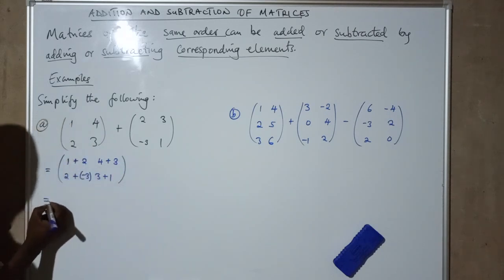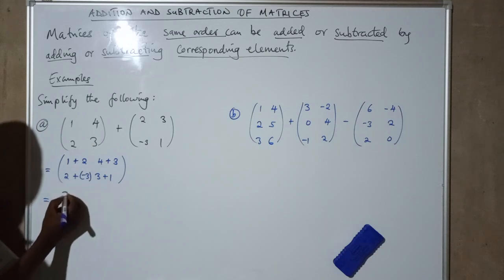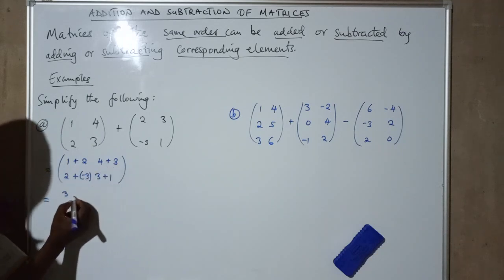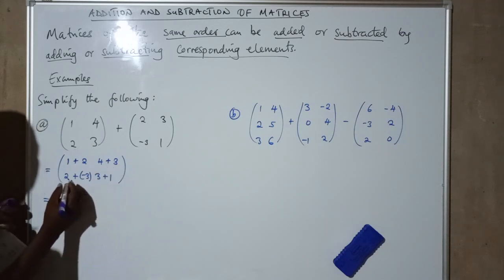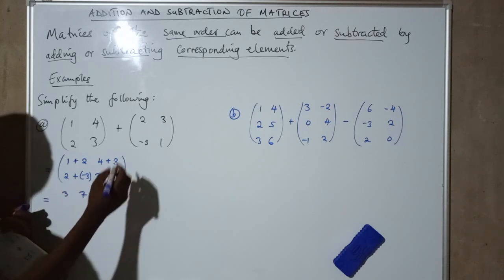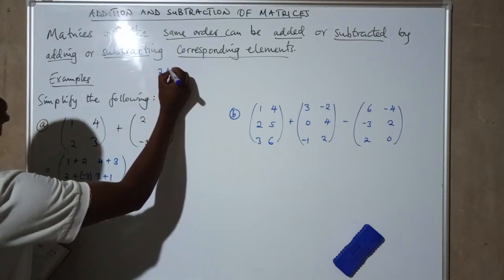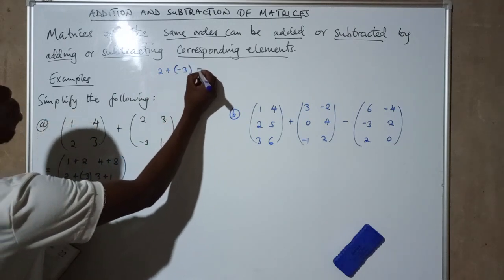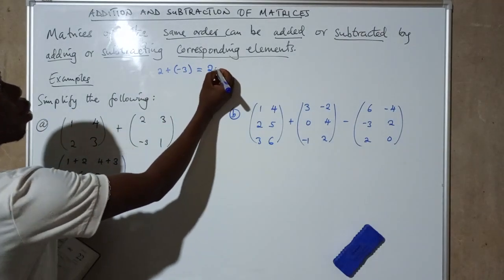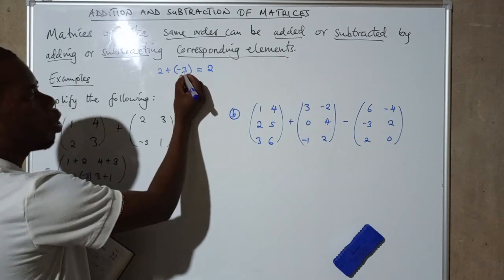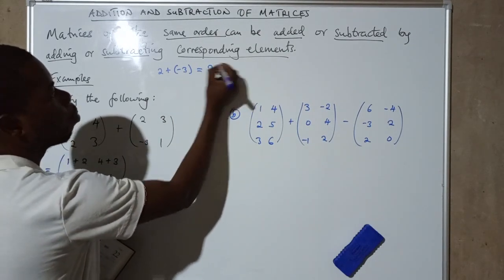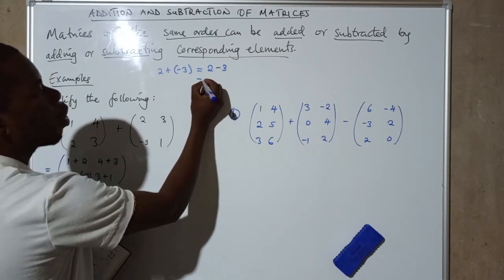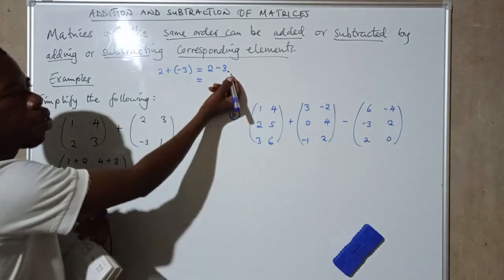Then we say equals 1 plus 2, it will be 3. 4 plus 3, it will be 7. Then here 2 plus negative 3, it can come out like this 2. Then you say positive times negative, it will be negative. Then you bring the 3 here. Then you're saying 2 minus 3.